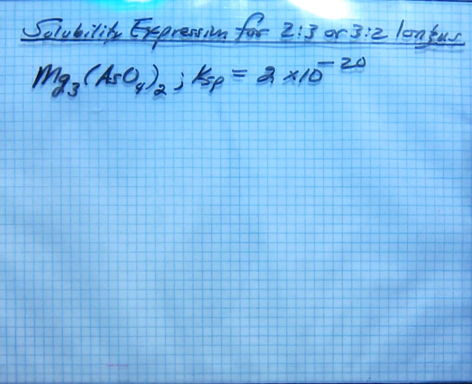Okay, so we want to look now at deriving a solubility expression for magnesium arsenate, which represents a 3 to 2 ionization ratio for the salt. Same procedures that we've used here.